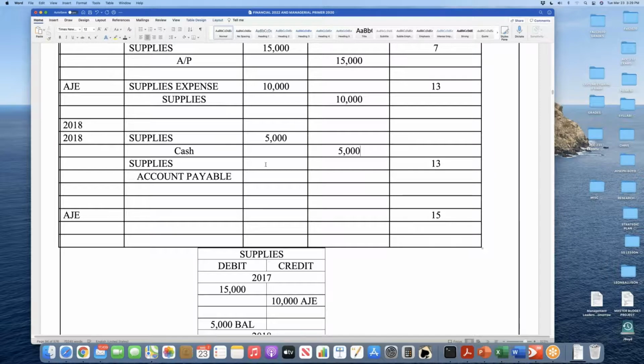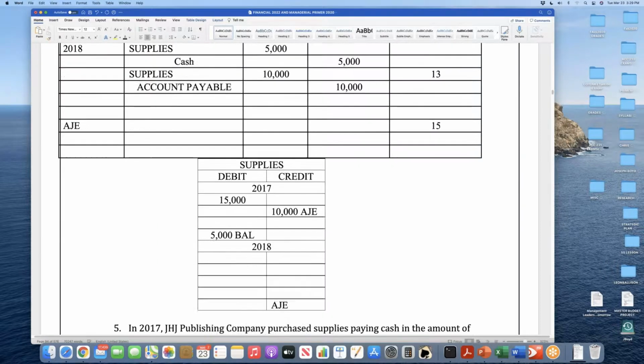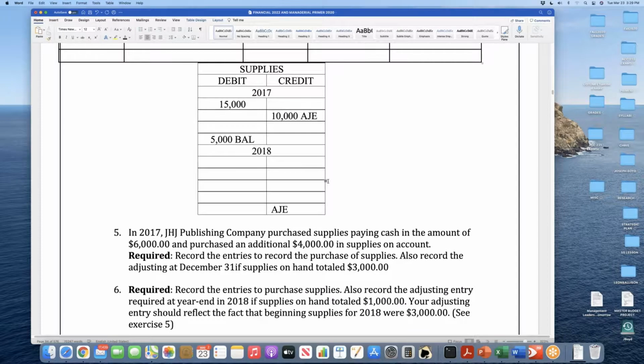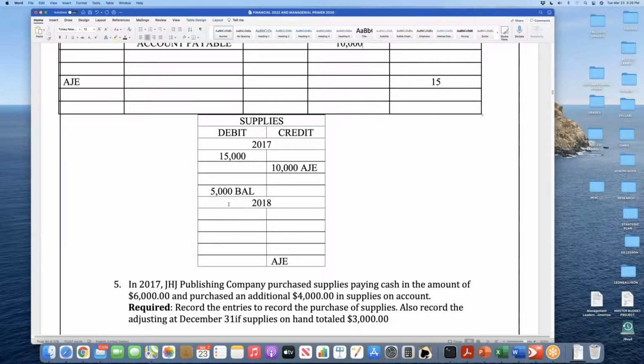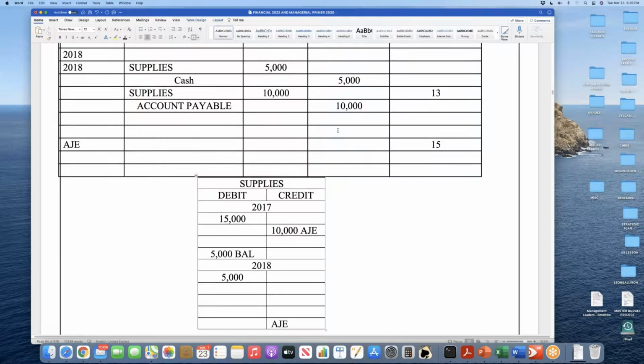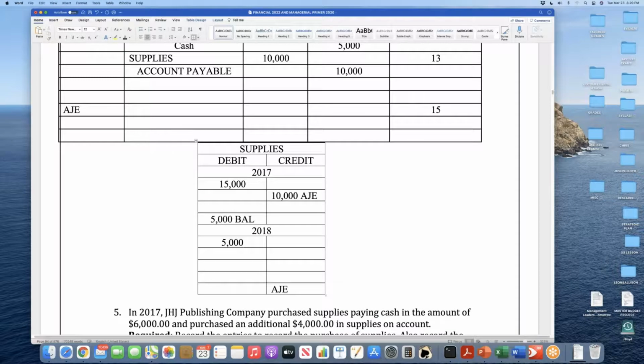and their purchase on account was 10,000. So we now need to put those in the T account, but this balance of 5,000 for 2017 comes over. So that's 5,000. Then we're gonna put the 5 and the 10,000 in the account.